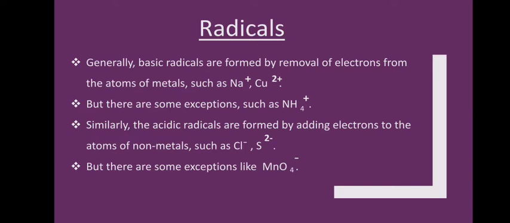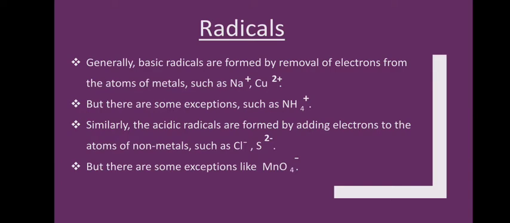Copper, Cu2+, we remove 2 electrons from its outermost shell. But there are some exceptions such as NH4+, because here it is not a metal. Nitrogen is not a metal, hydrogen is not a metal. Followed, but still it is a basic radical.